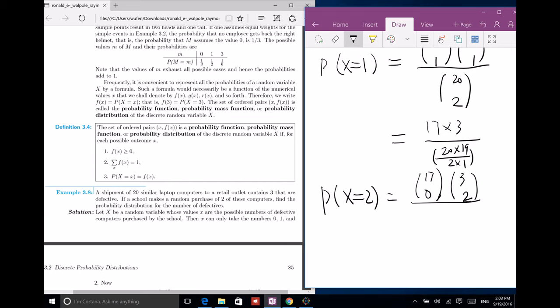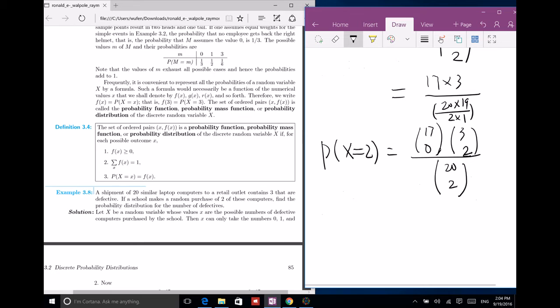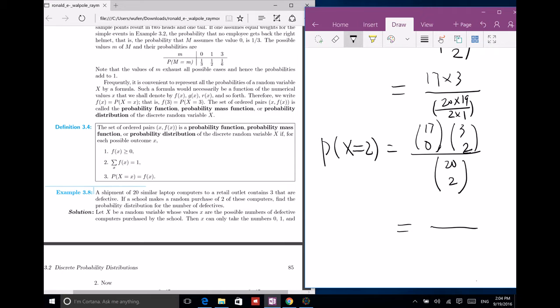Okay, so that's your top. The bottom is the total sample space, randomly choose 2 from 20. So the answer is going to be 1 times 3 over 20 times 19 over 2 times 1. Okay, that's how you do this problem.